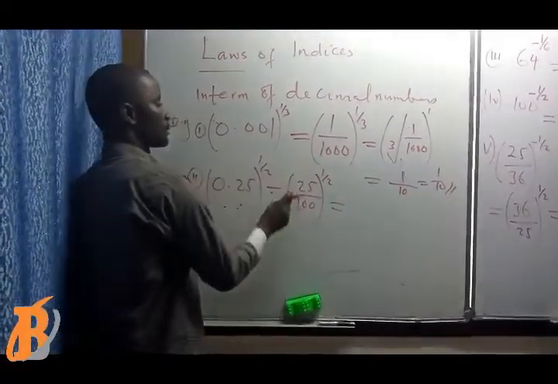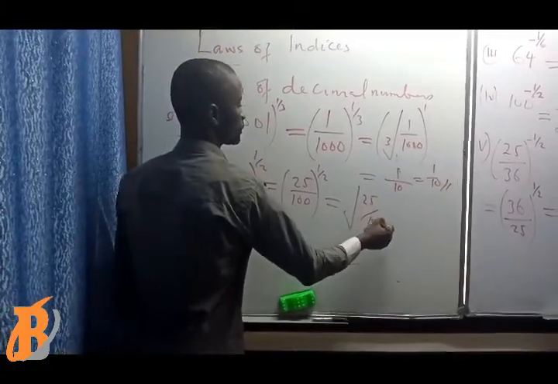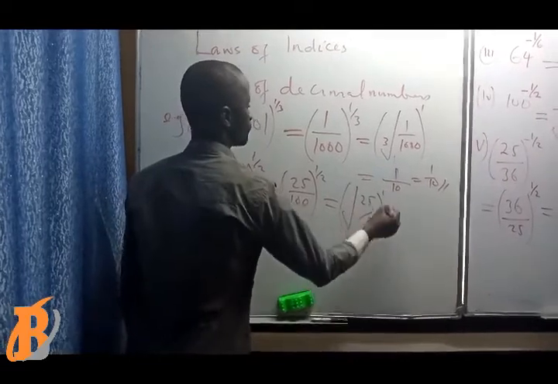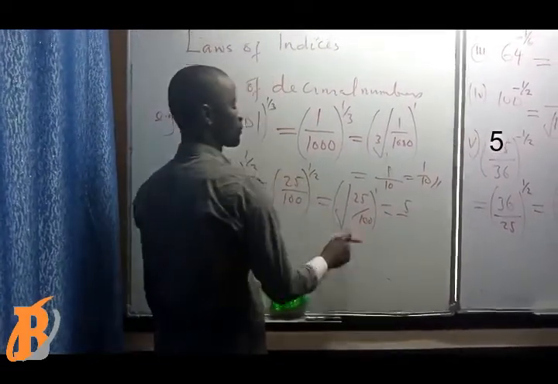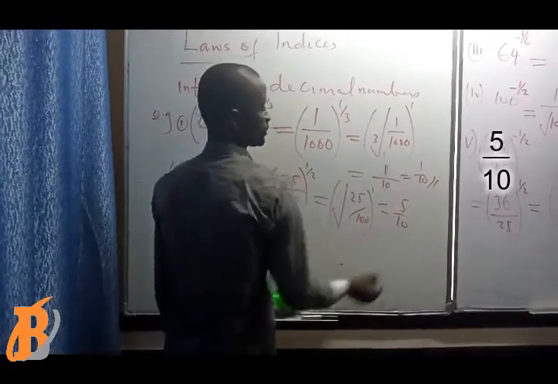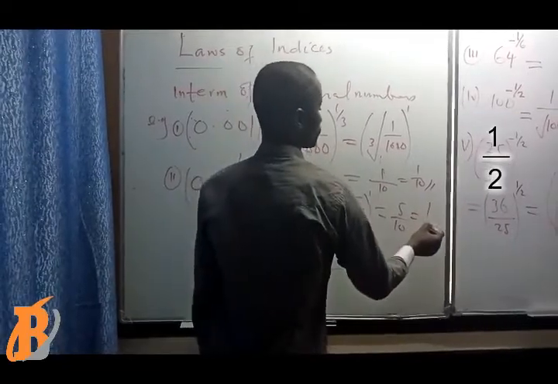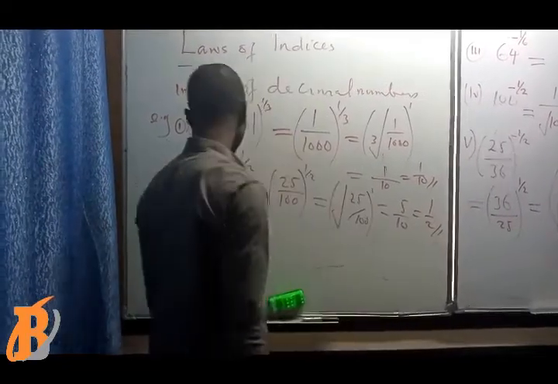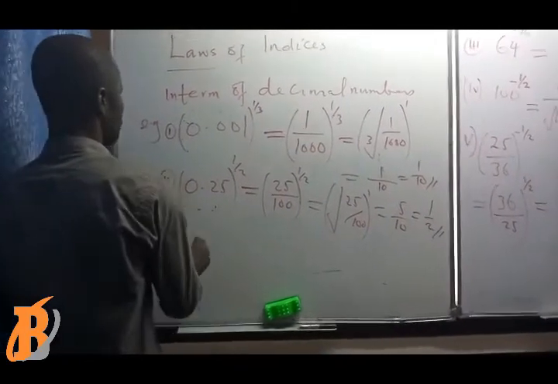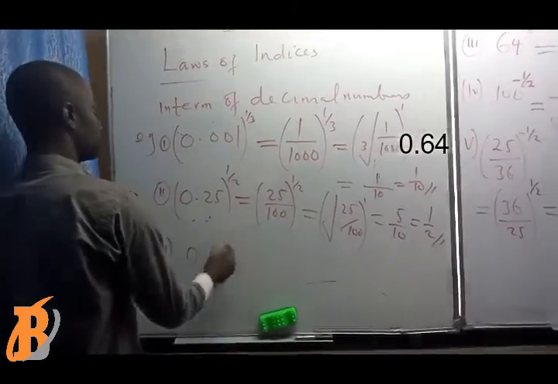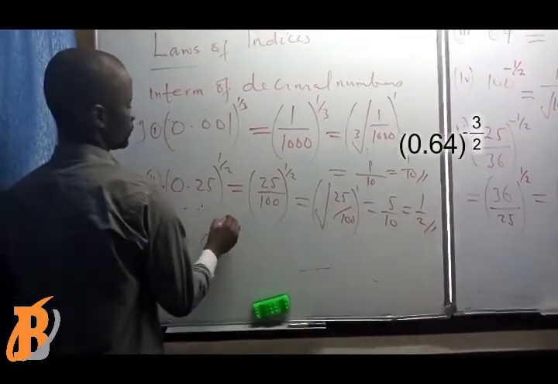Same thing as the square root of 25 over 100. The square root of 25 is 5, and the square root of 100 is 10. Therefore we have 5 over 10, the same thing as 1 over 2. My next example: 0.64 raised to power minus 3 over 2.